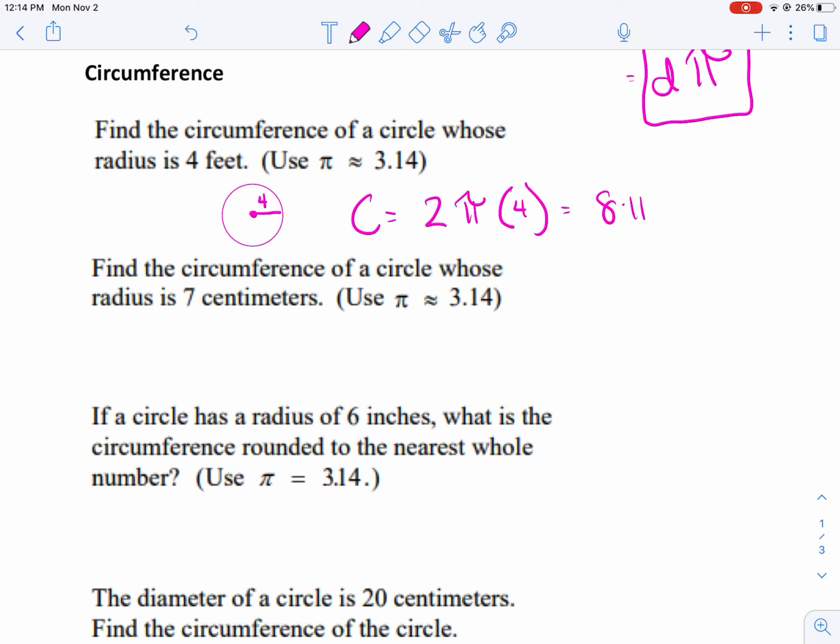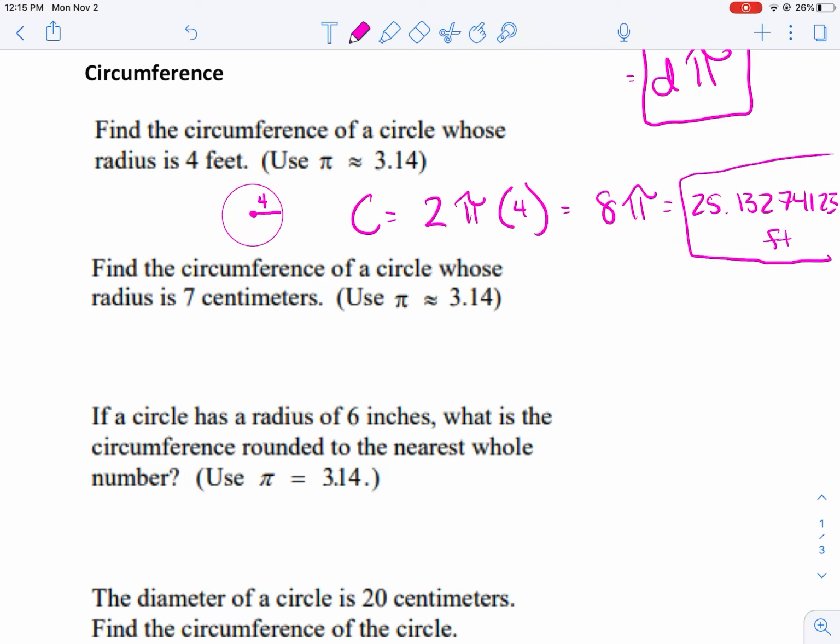So you get 8 pi, which is 25.13274123. Oh, sorry, they gave us some unit measure here. It's actually feet, and that is our answer.